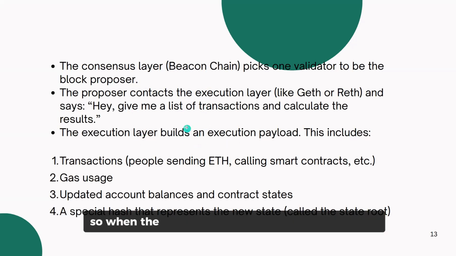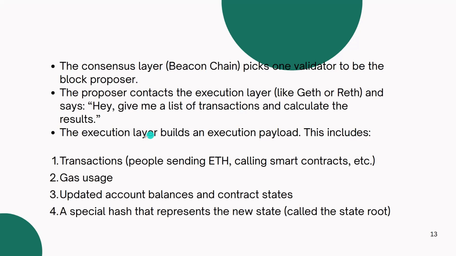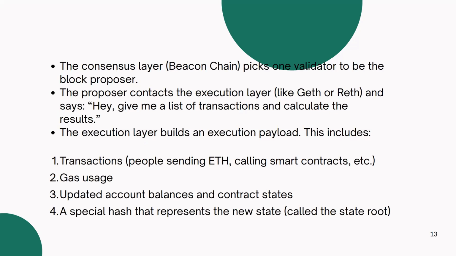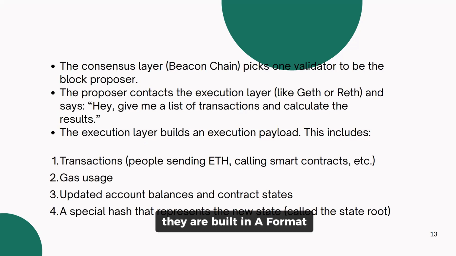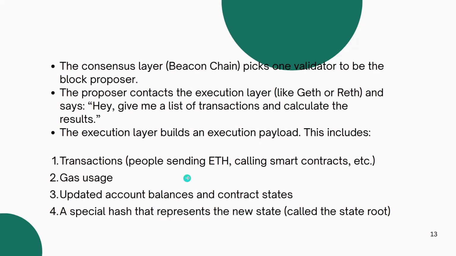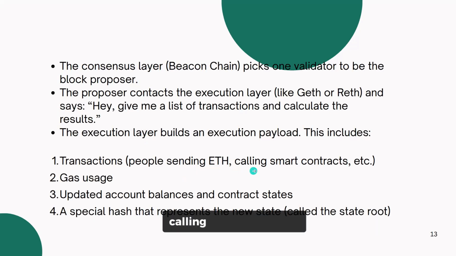So when the proposer contacts the execution layer demanding a list of pending transactions, the execution layer will build an execution payload. Those transactions are built in a format we call a payload. This payload includes the transactions, people sending funds, calling smart contracts, and so on.